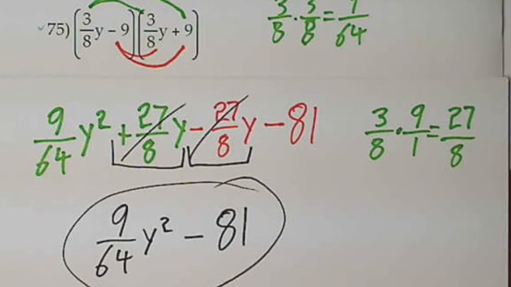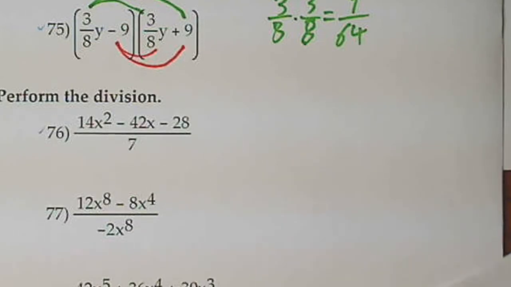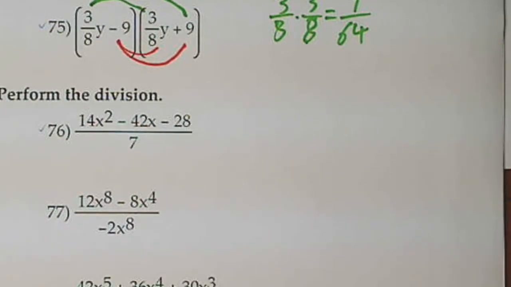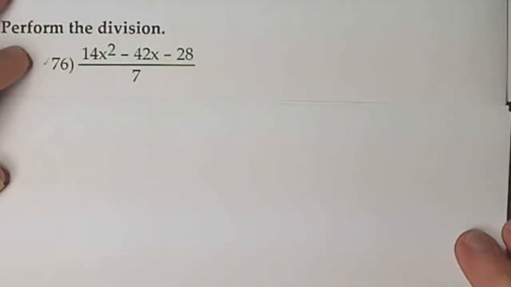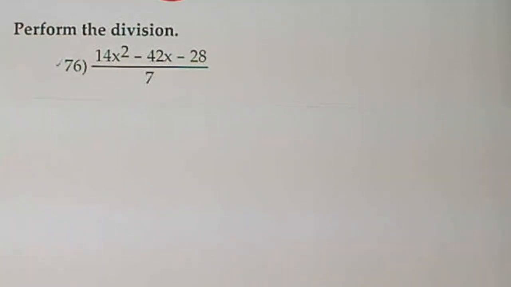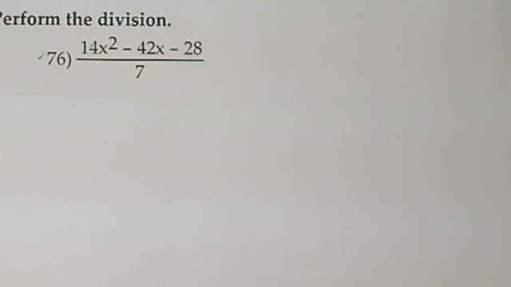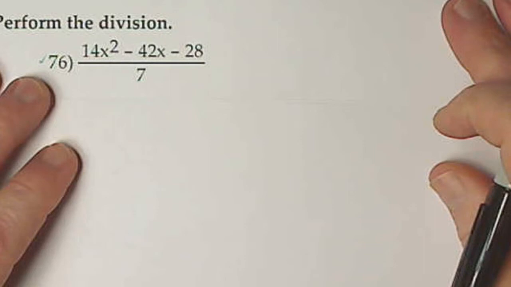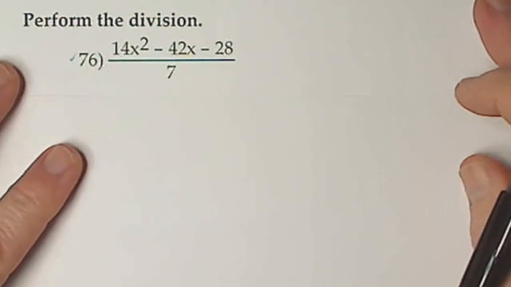All right. Let's see, 75. We're going to tackle a couple more. Notice when we get down to 76 here, it's no longer multiplication. And maybe I'll try zooming in a little. There we go. This indicates division.